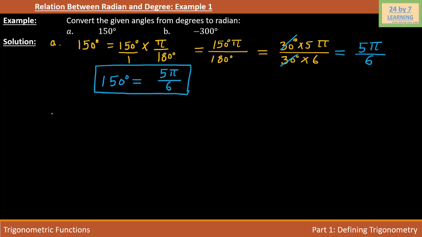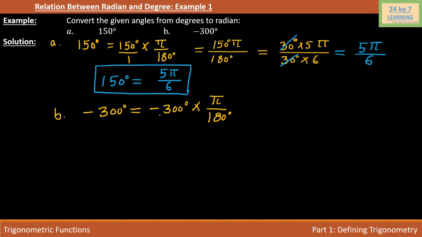Now let's consider the second part, which is negative 300 degrees. I'm going to write my second part B as angle negative 300 degrees, and we know that in order to convert the angle from degree to radian, I need to multiply by pi over 180. So I write negative 300 degrees times pi over 180 degrees.